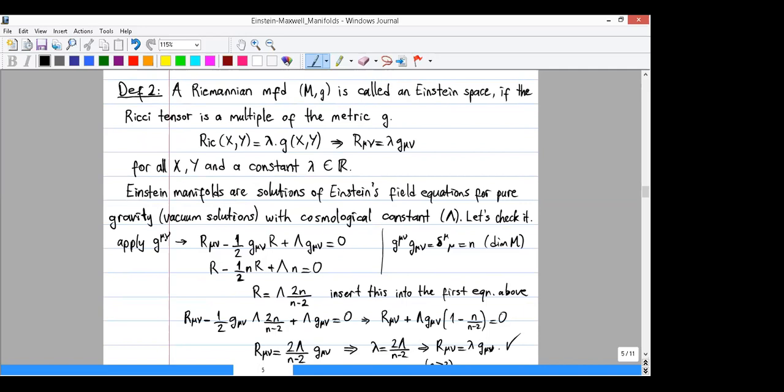So let's apply the inverse metric to both sides, g^μν. So this becomes the scalar curvature, and if you contract the inverse and normal metric with itself, this becomes delta^μ_ν, and this will give you the dimension of the manifold. You can see this. This is a general identity.